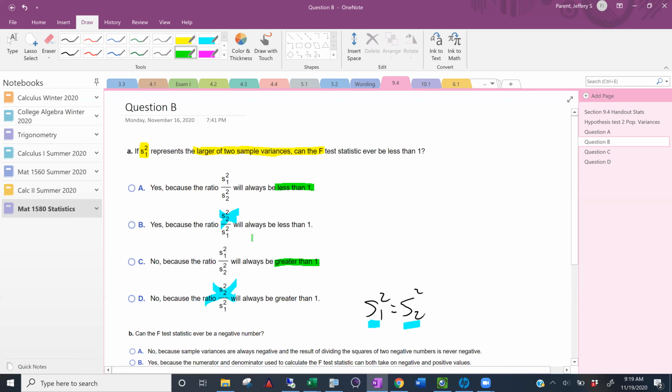So do you want to guess again? If the larger number is in the numerator, is this ratio going to be less than 1 or greater than 1? You've got these 2 choices. Greater than 1? Greater than 1, yes. So there we go. So the answer is no. This ratio is always going to have to be greater than 1.